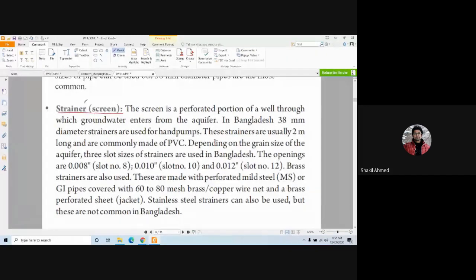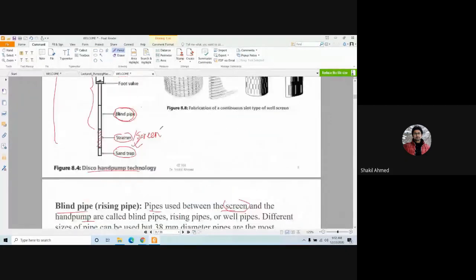So what is the screen? It's a perforated portion of a well through which groundwater enters from the aquifer. In Bangladesh, 38 millimeter diameter strainers are used for hand pumps.